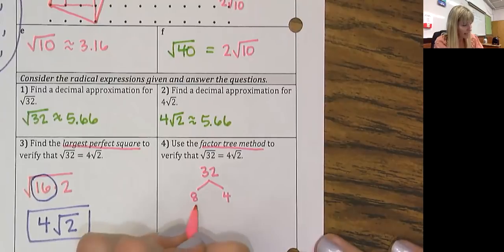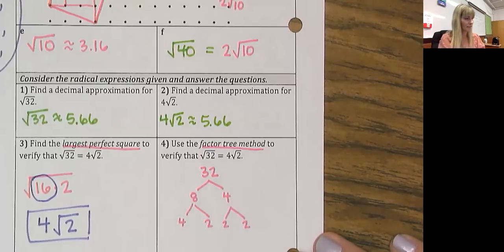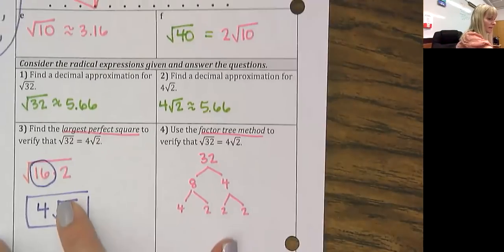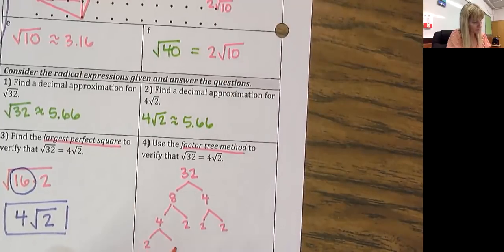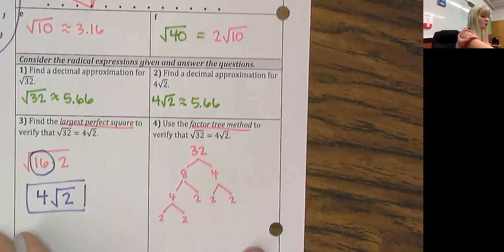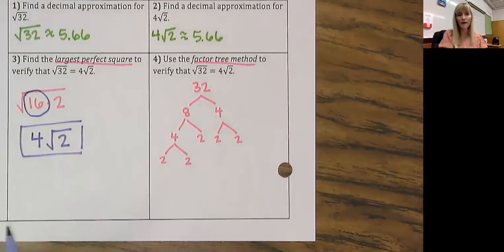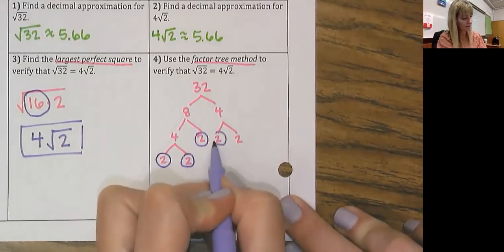No. Because 8 is 4 times 2, and 4 is 2 times 2. Am I done yet? No, because 4 is 2 times 2. Okay, once you hit this point, remember the ends of your tree, that's where all of your prime factorization is.